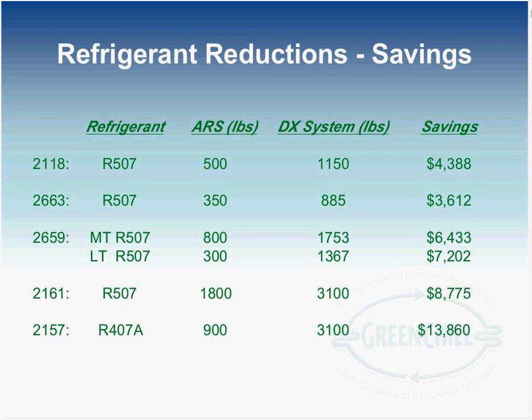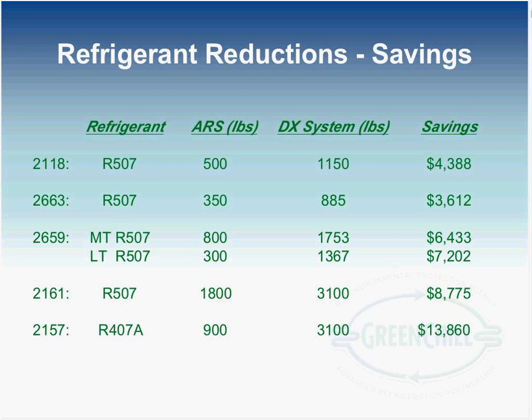Okay. On the next slide, I wanted to show a little bit about what our refrigerant savings are. So what I've done is taken those pounds of refrigerant that we offset with this advanced refrigeration system and tied a dollar amount to it. So I used where average refrigerant costs were for both R507 and CO2.